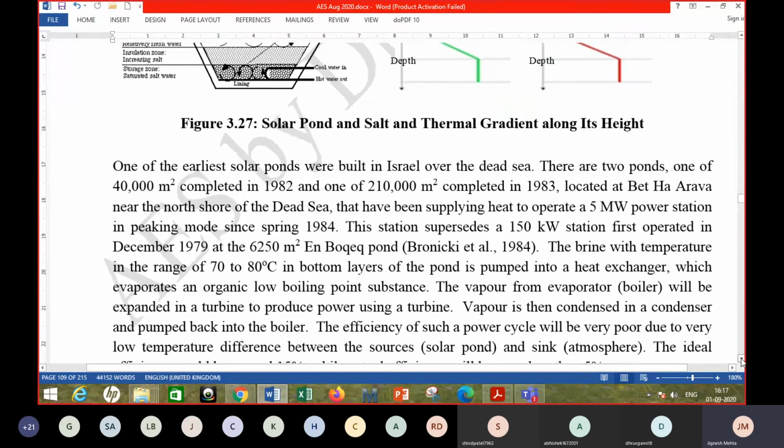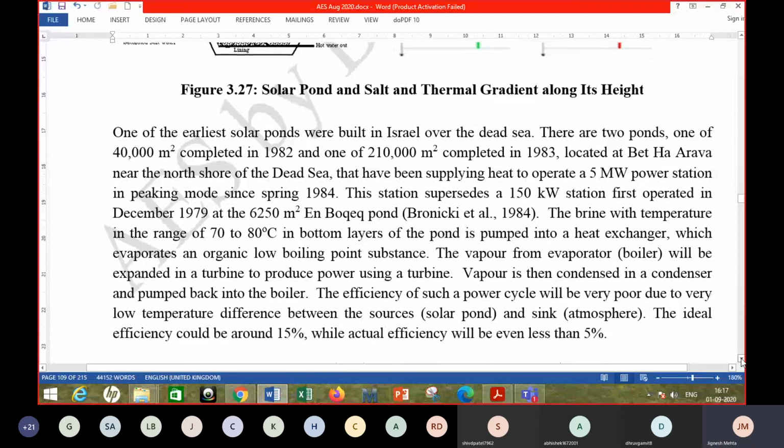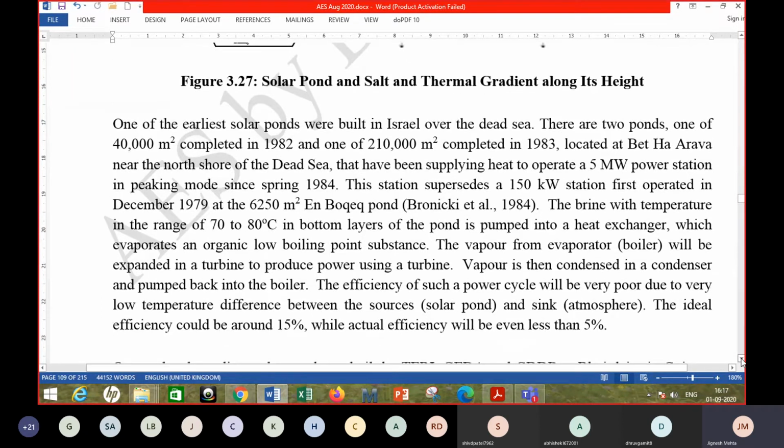And such a plant, the oldest one, was put up in Israel over the Dead Sea, and there were two ponds, one of 40,000 square meters completed in 1982, and one of 210,000 square meters area completed in 1983, and a 5 megawatt power station. So heat is utilized to run a low temperature Rankine cycle.